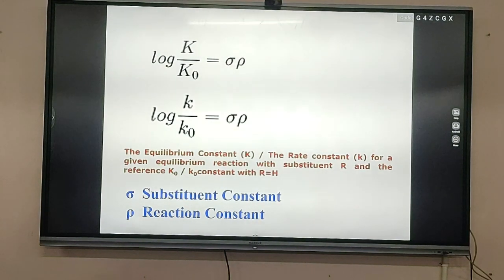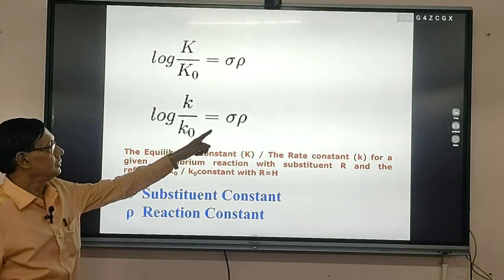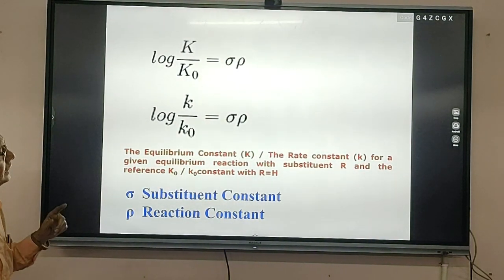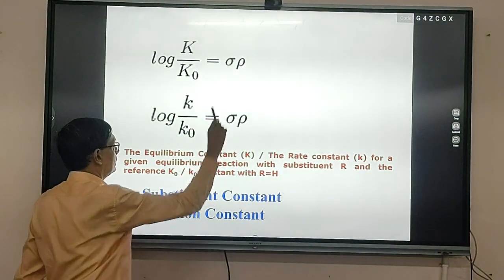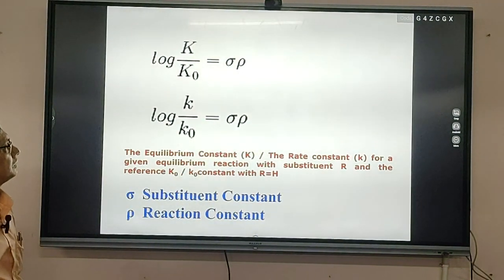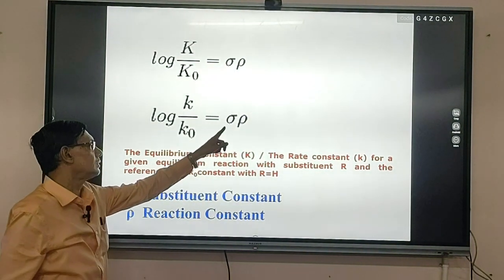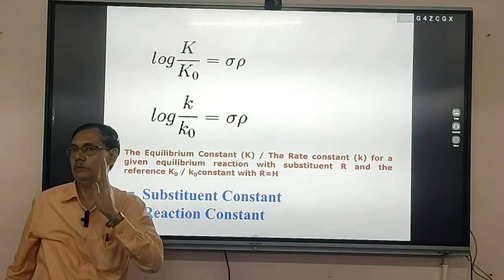Again, listen very carefully. This sigma and rho value: one is the substituent constant, and this substituent constant is independent of the chemical reaction. It is a constant value.